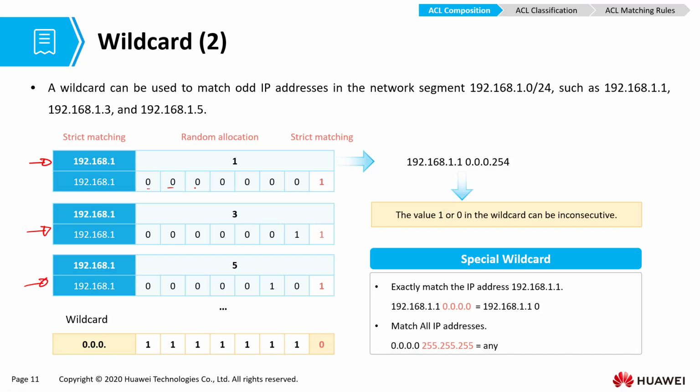1.1 is 00000001. 1.3 is 00000011. All right. 1.5 is 00000101. You realize 1.7 is all zeros and then 111. 1.9 is 0000, then 1001.